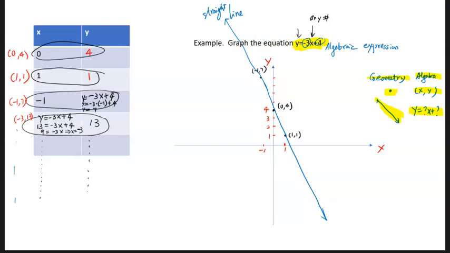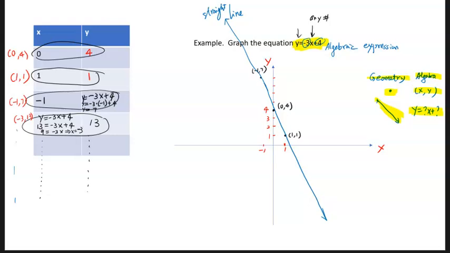And then we come back to the xy coordinate system and we plot those ordered pairs as points, and then we join them. And nowadays we have computers or graphing calculators that can help us do that process. But if we do it by hand, we first will pick some numbers and solve for y.